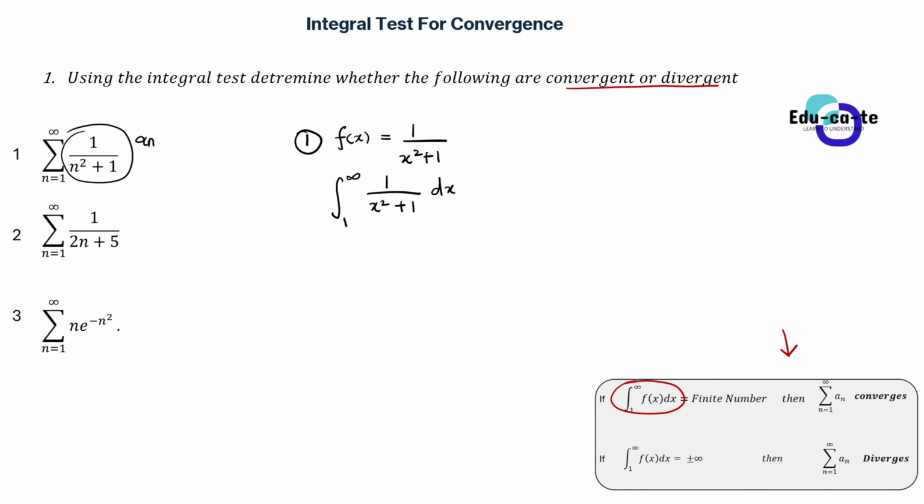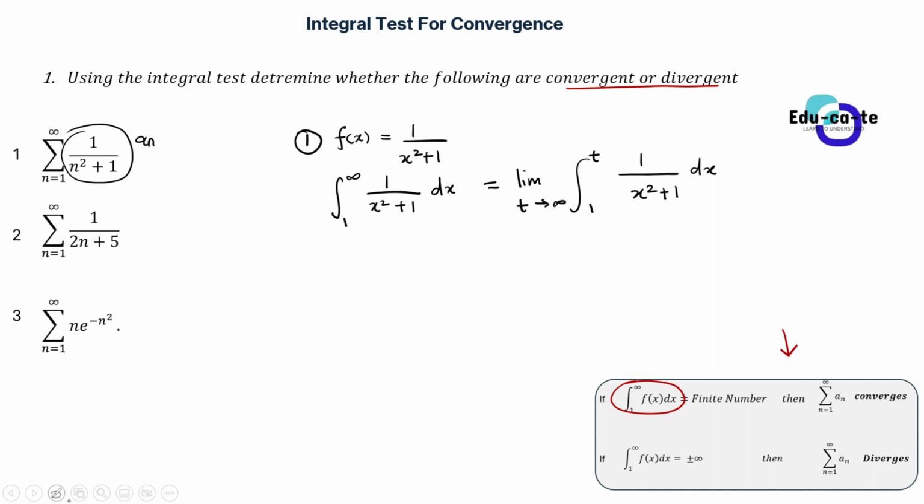This is the integral. When you do this, it is an integral from a bound to an infinite bound. You have to take the limit as any variable of your choice. You can say the limit as t approaches infinity of the integral from 1 to t of 1 over x squared plus 1 dx.